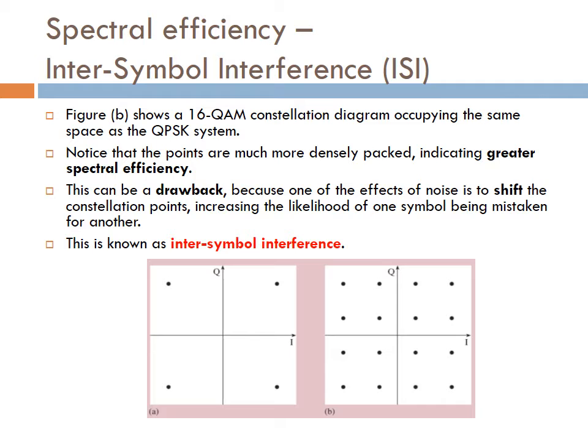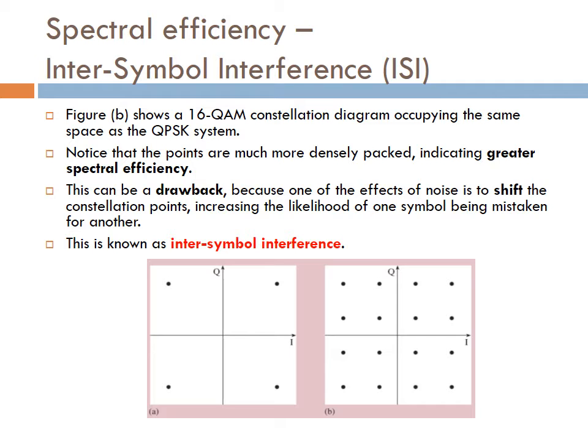So in B, we could have more bits per second per hertz, since we have a denser number of symbols and thus more bits per symbol.